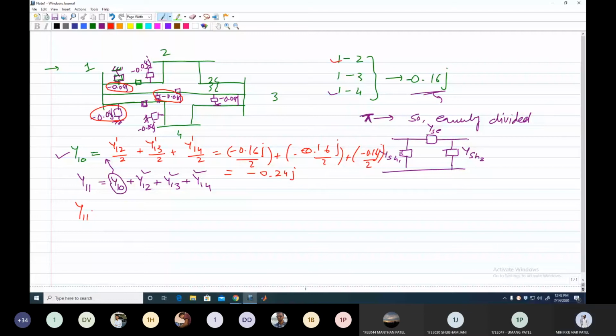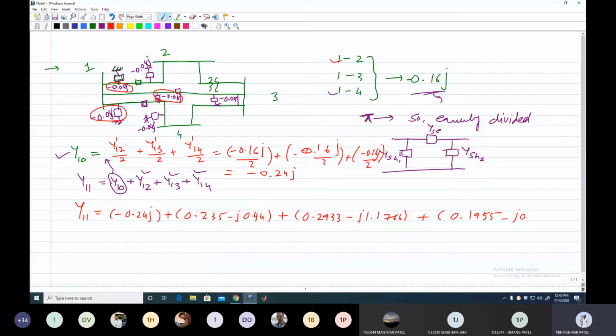So just substitute all the values for the diagonal element 1. What is the final value for y11? So y10 is minus 0.24j. y12 is 0.235 minus j 0.94, plus the value of y13, which is 0.2933 minus j 1.1766, plus y14, which is 0.1955 minus j 0.784.